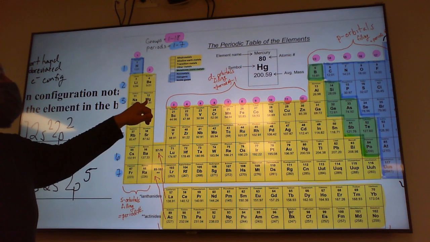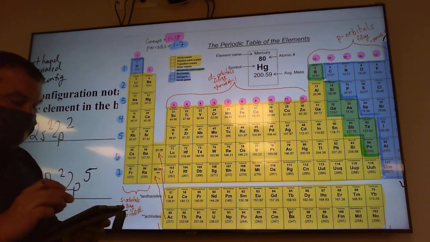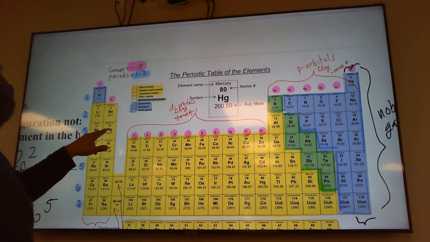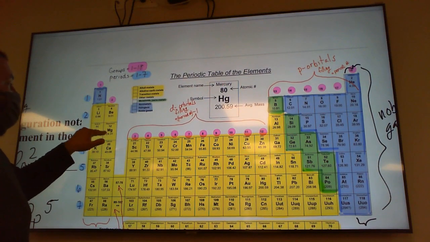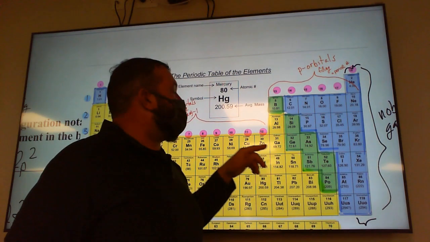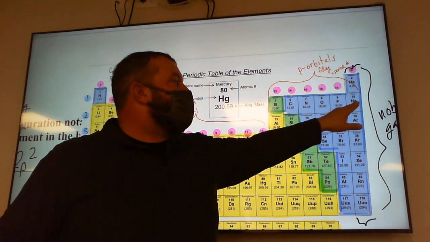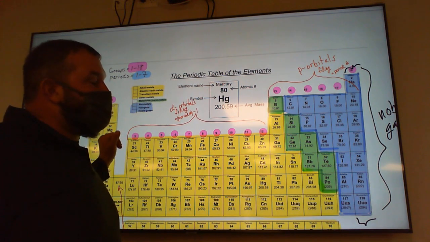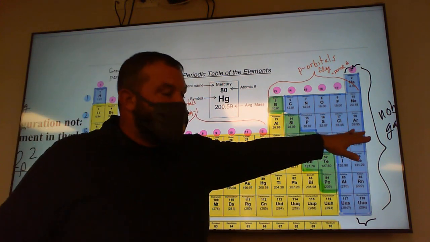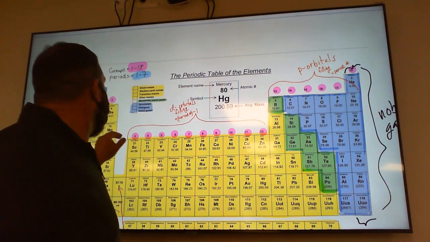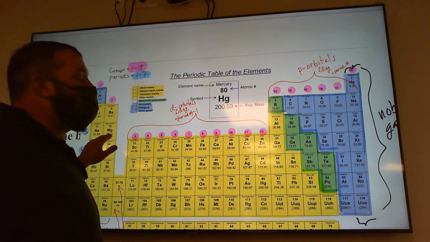Magnesium ends in 3s2. Mg is 12. The noble gas that comes before magnesium is neon. The one that comes after, with a greater atomic number, is argon. We don't use that one. We always use the one with the next closest smaller number.